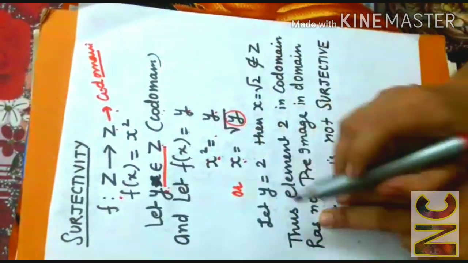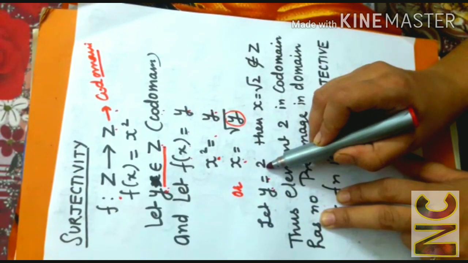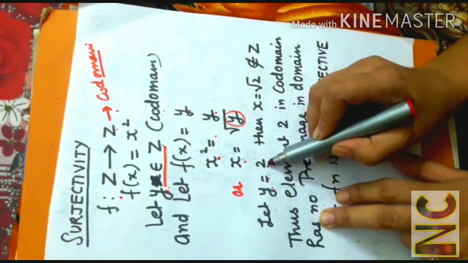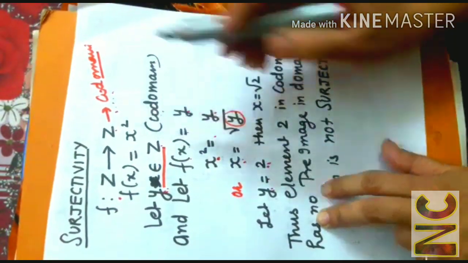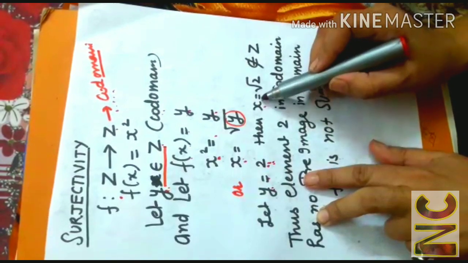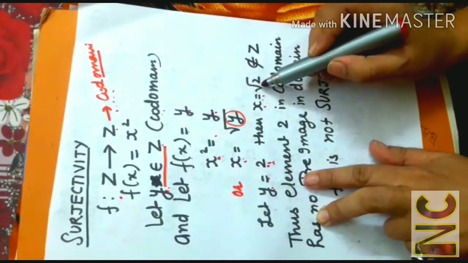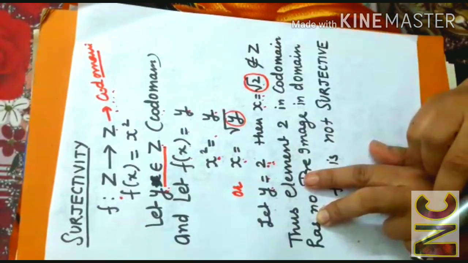Let us check. If I take y to be equal to 2, then 2 is an integer, so definitely it will belong to the codomain. Now corresponding to this 2, x will be equal to square root of 2. Is this number an integer?